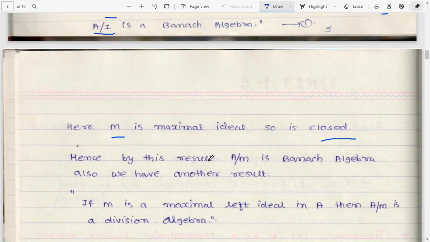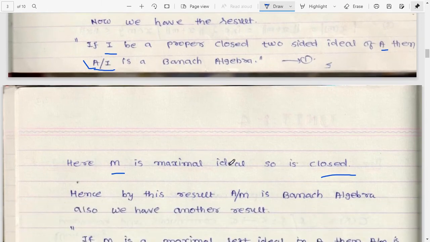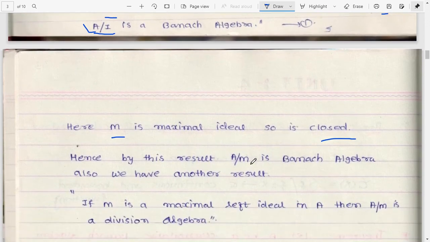Hence by the result, A quotient M is a Banach algebra, because I is a proper closed two-sided ideal of A, then A by I is a Banach algebra. Here M is a maximal ideal and closed, so A by M is a Banach algebra.